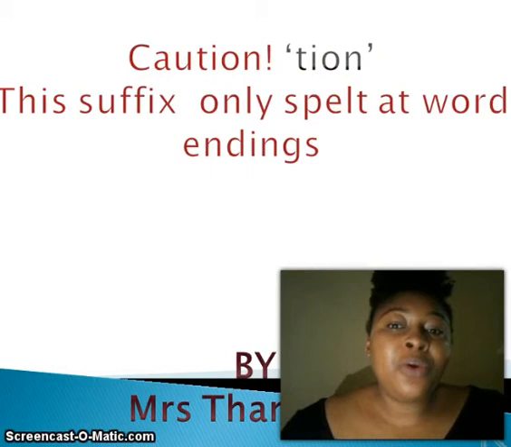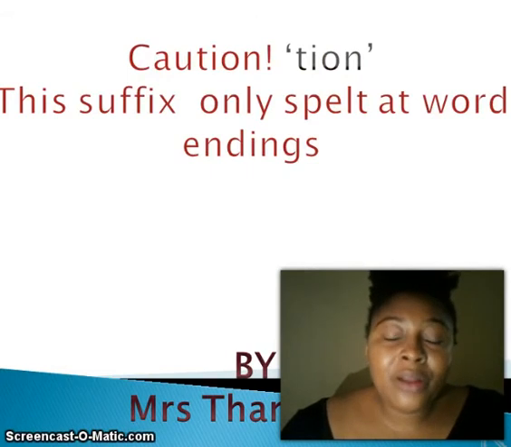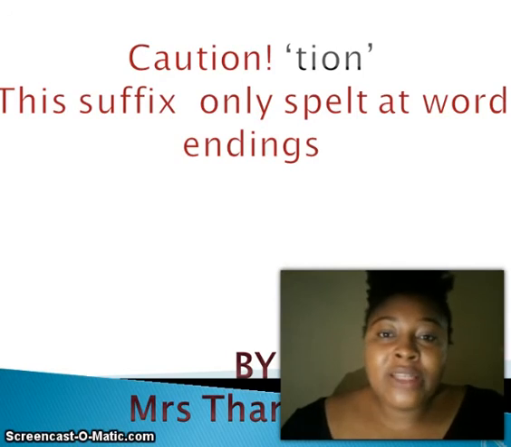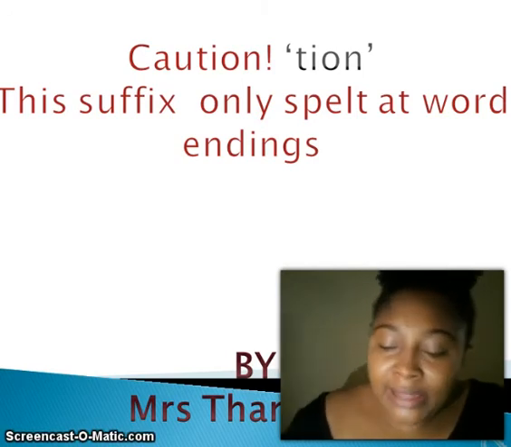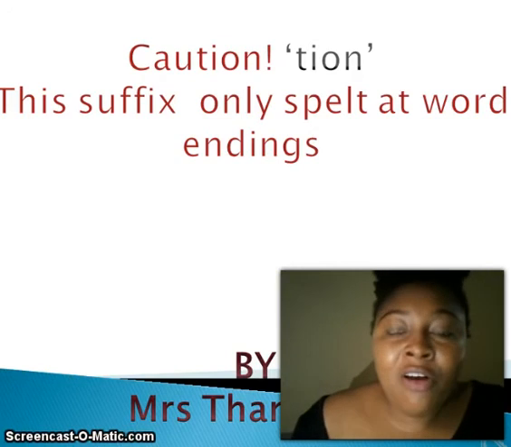So let's get started. Take notes. This part of the word, or suffix, is only spelled at the word's ending. You don't see it at the beginning. You don't see it in the middle. It is always a suffix and it always appears at the end of the word.